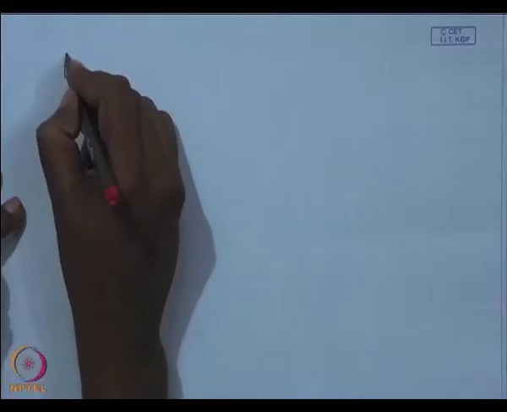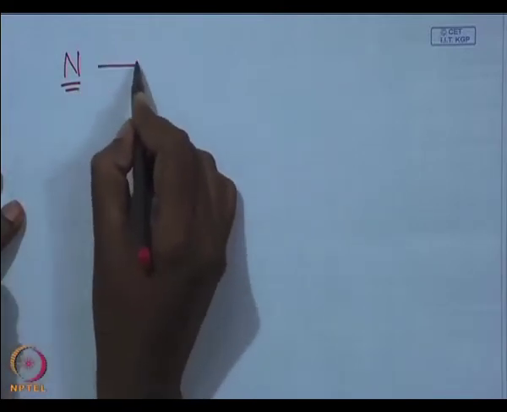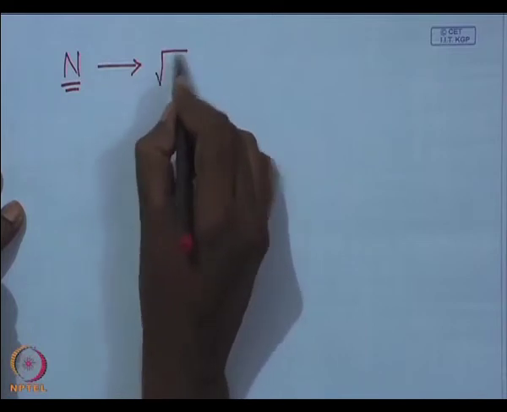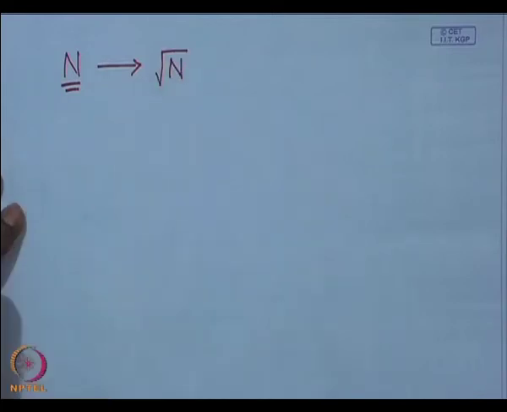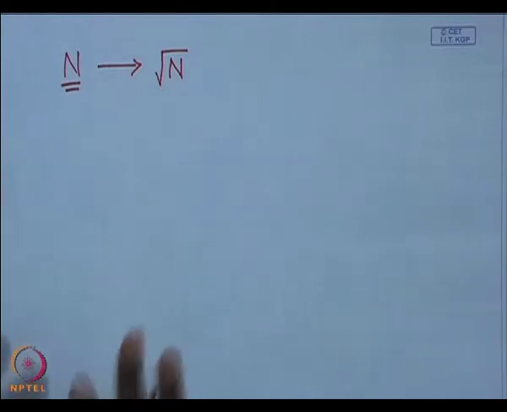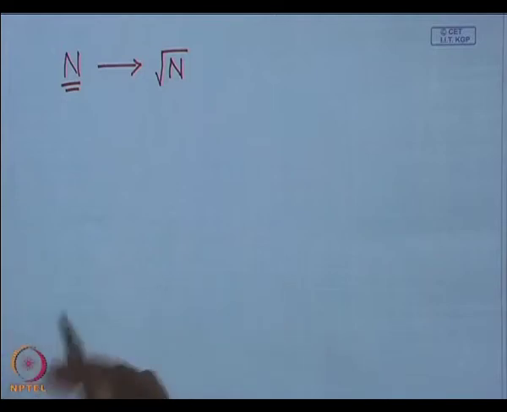So, there is a thumb rule which says that if I have capital N number of samples, then the number of bins should be about square root of N. This is just a thumb rule, but there are no analytical tools to decide what should be the number of bins for proper probability density estimation. Okay.